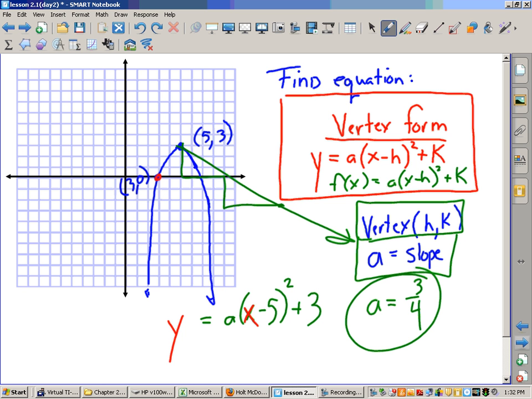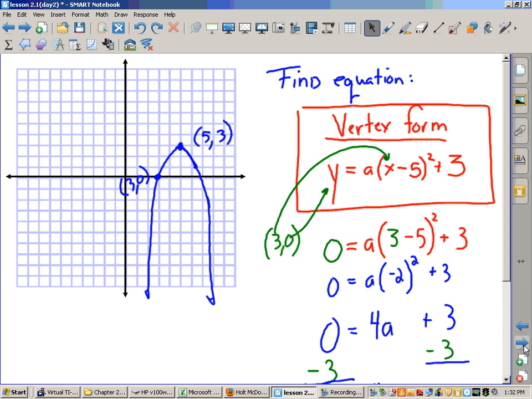Plug in the point that you have, 3, 0, into your function. Make sure you plug the x into the x and the y into the y, because it's very easy to say 3 in for y and 0 in for x. That's not true. The x is 3. The y is 0. So your substitution should look like that right there.